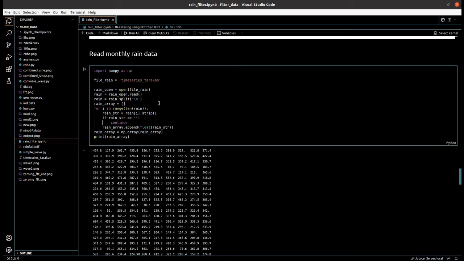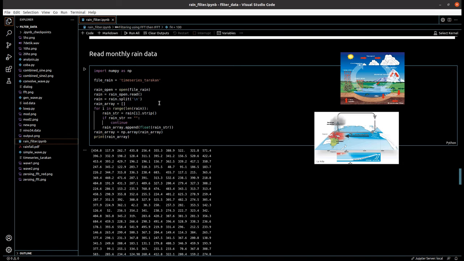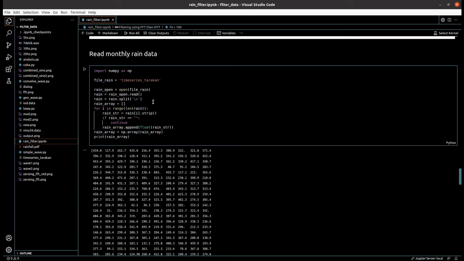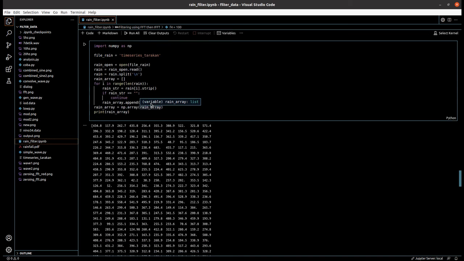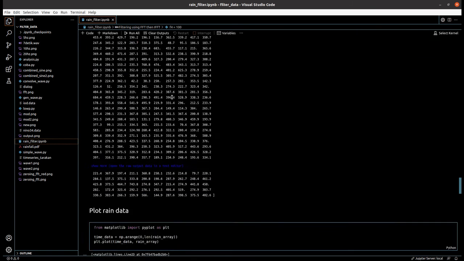If you have ever learned about meteorology, you know that rainfall happens because of many factors, and you can group them into local factors, regional factors, and global factors. The reason why we want to use this filtering is that we want to trap the pattern.